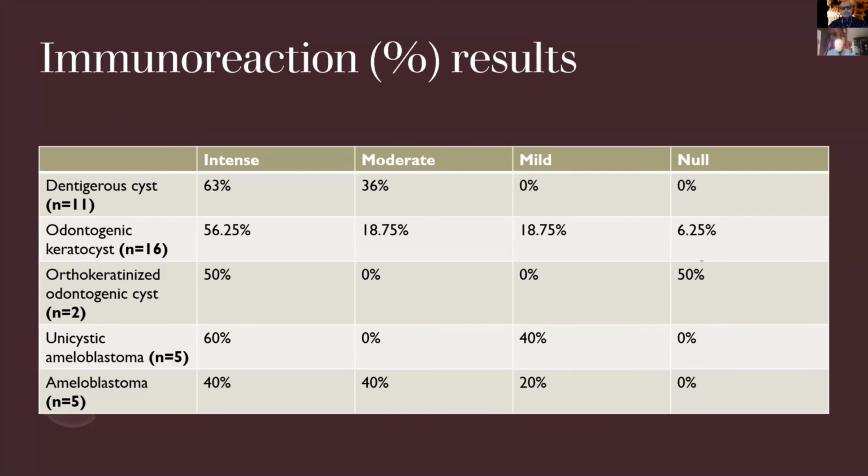Here are the percentages of the frequency of this immunoreaction, the odontogenic keratocyst showing the most intense and constant immunoreaction along the study.